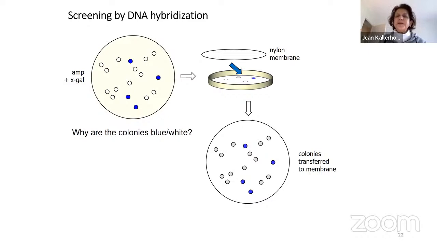The probe needs to be labeled radioactively or non-radioactively so that it can easily identify the gene you are looking for. If it is not labeled, it will not be very easy for you to identify it because you will not see it.